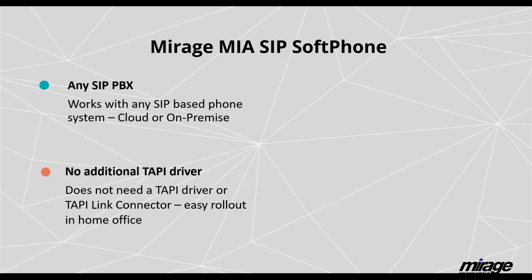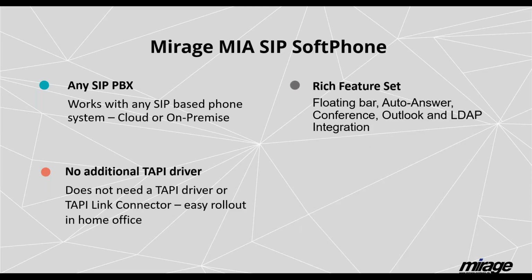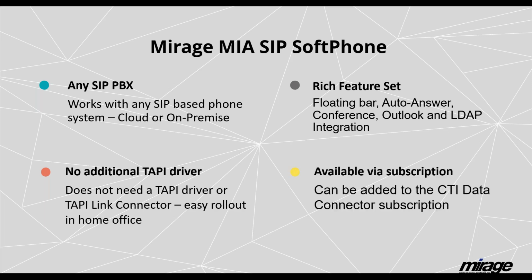That's why it's an easy rollout, even if you need to go into home office. The feature set from the SoftPhone would be, as an example, a floating bar, auto answer, conference call, Outlook or LDAP integration, and it's available directly from us.